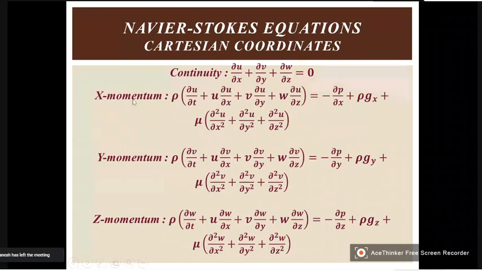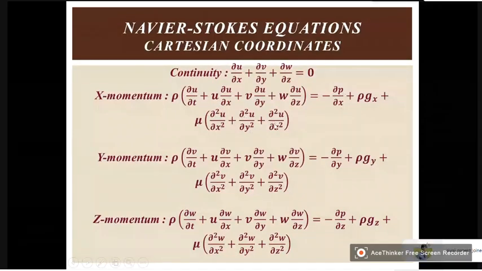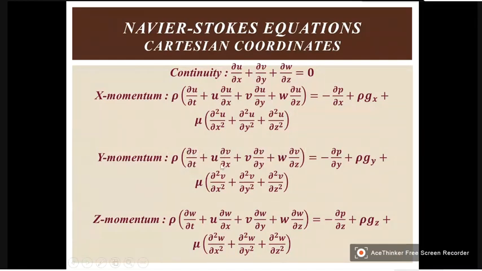So here you will get all u's. Dou by dou t, dou by dou x, dou by dou y, dou by dou z, and the second derivatives of u. So in y direction, all these things will be v, and this will be t, x, y, z, and this will be v, and this is y square.